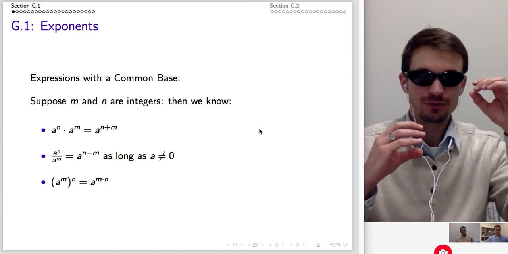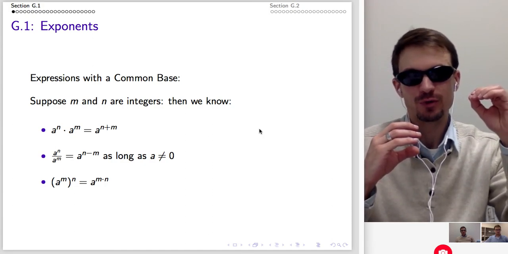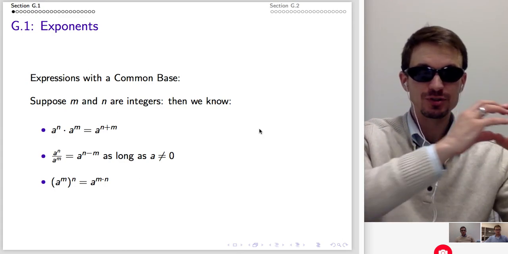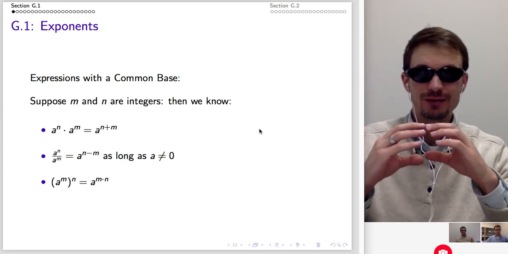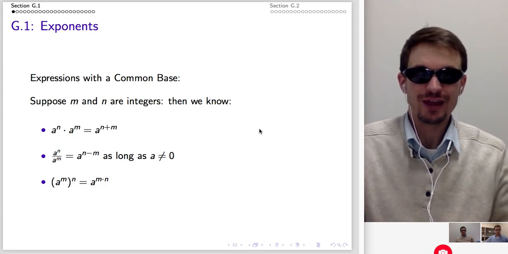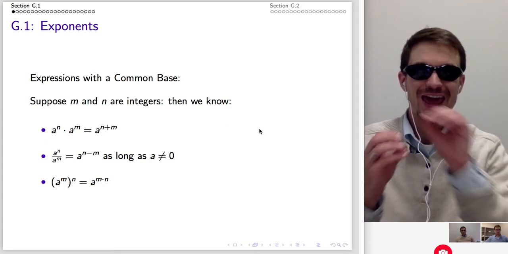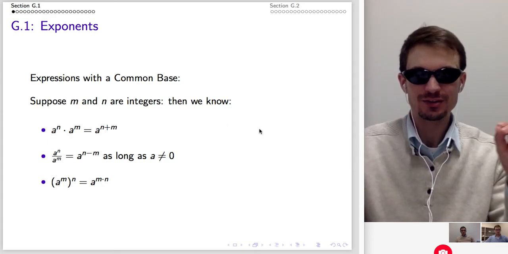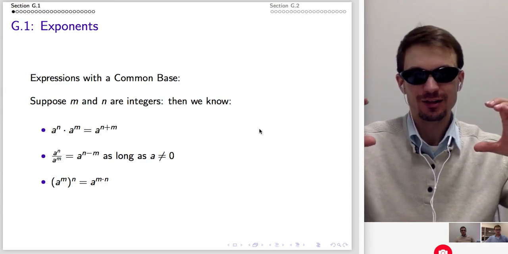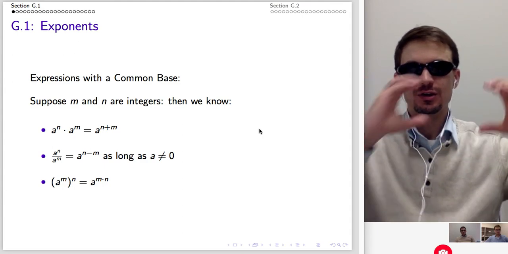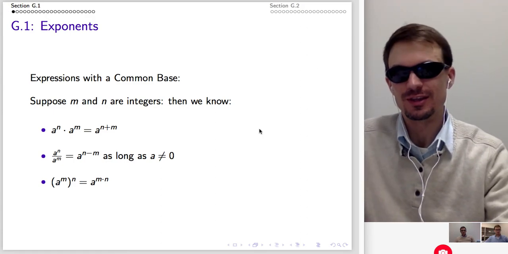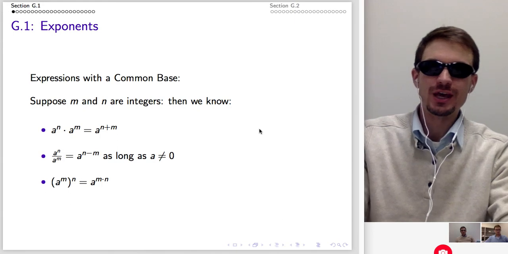And then the exponent outside the parentheses tells us we have 3 x squares times each other, or 3 times the collection of x times x. In the most general version, that a to the m tells us we have a product of m a's, a times a times a, m times, and then that collection of m a's we have multiplied n times. And that's why we have a to the m times n for the exponent.